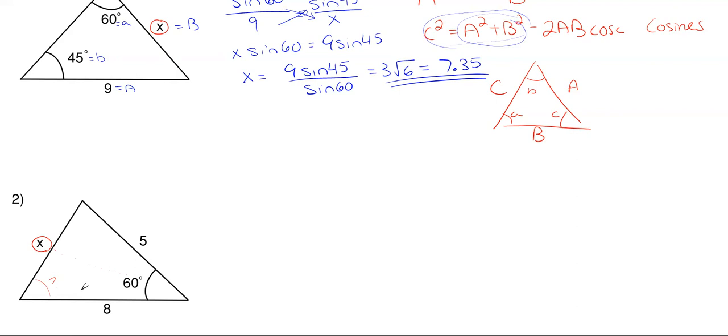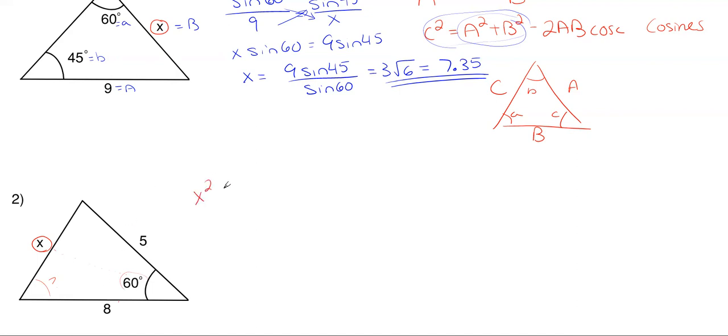Well, let's look at the law of cosines. The law of cosines states that I need to know two sides and then the angle that is opposite my unknown side. And that's what I have here. I have my two sides of 5 and 8, and then the 60, which is opposite my unknown. So let's go ahead and write this out.